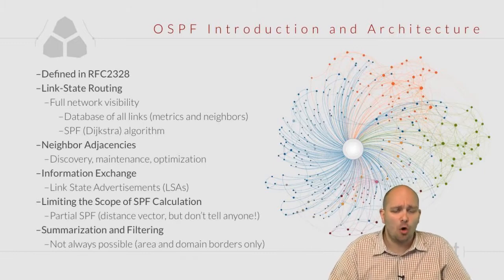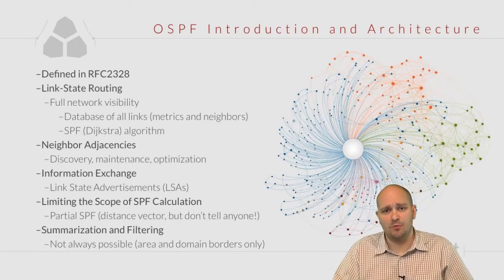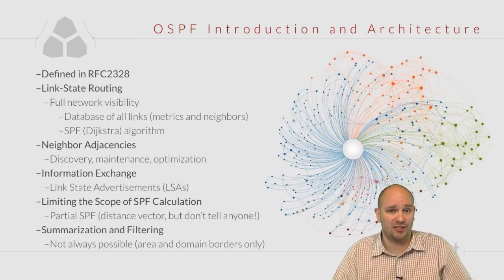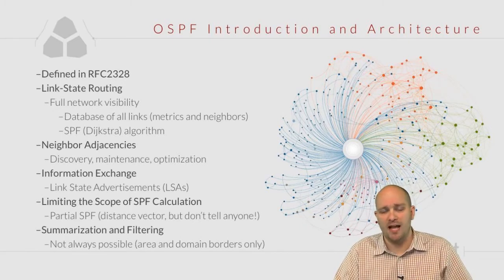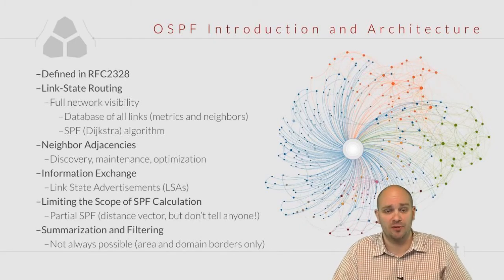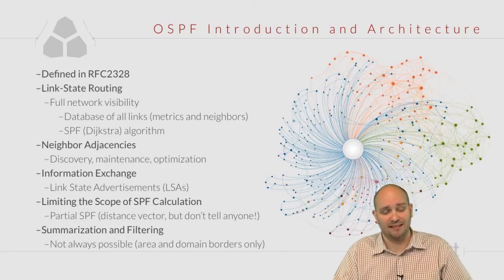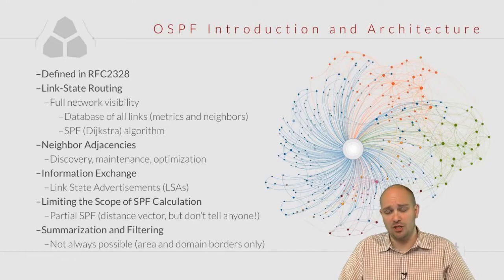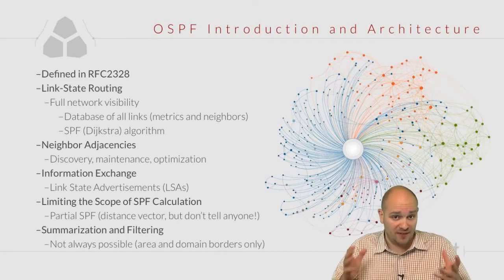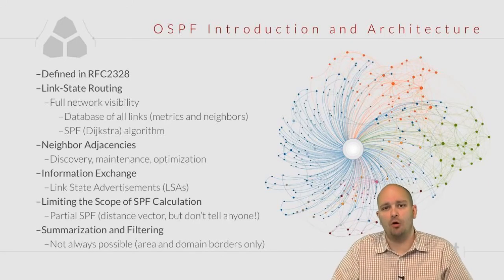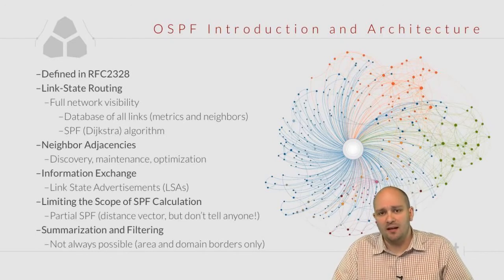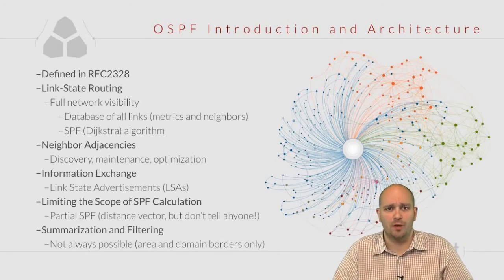In other words, in this database we're going to have information not only about the interfaces themselves, what are the IP addresses and the networks associated with them, but also what other devices are connected on these links. Now, when we have this information in the database, which is fundamental for the functioning of OSPF, the SPF algorithm runs.